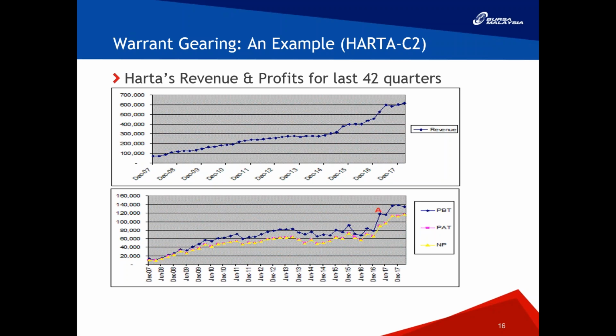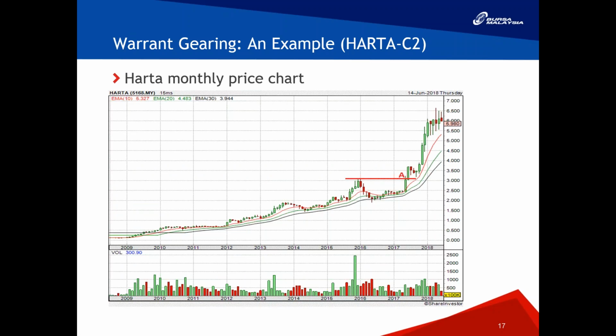It went up to about 120 million. So this is a breakout in earnings, and it's also reflected in the share price of Hata.